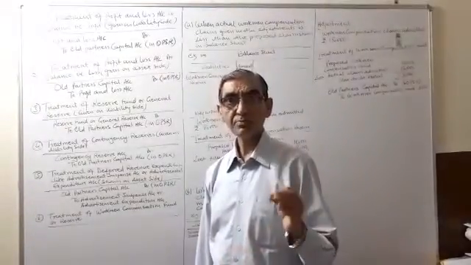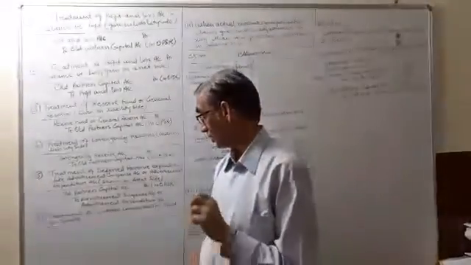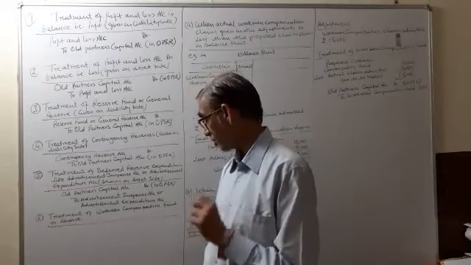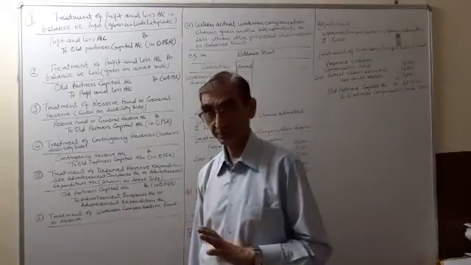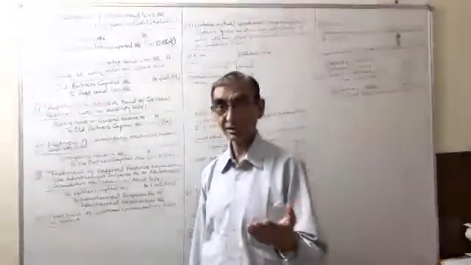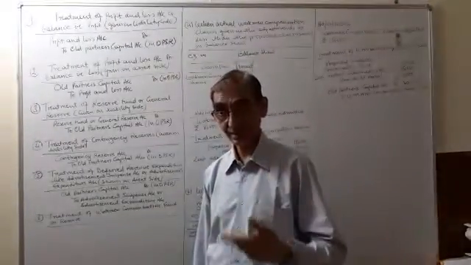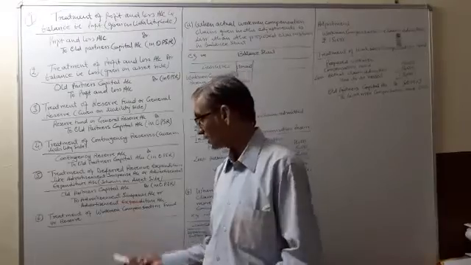Now the most important thing here is the treatment of workmen compensation fund or reserve. In one case I will take reserve and in the other I will take fund. Both are same.